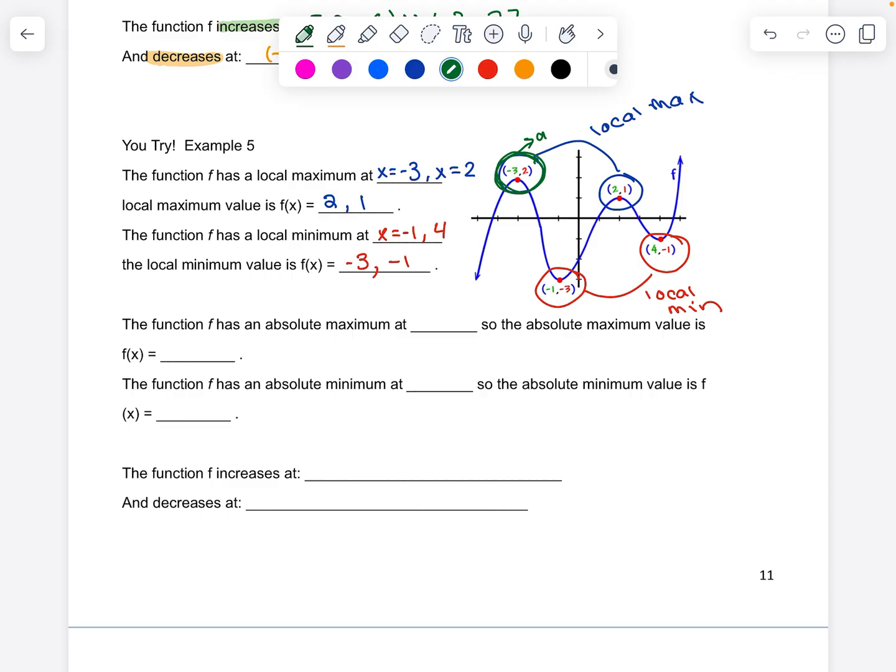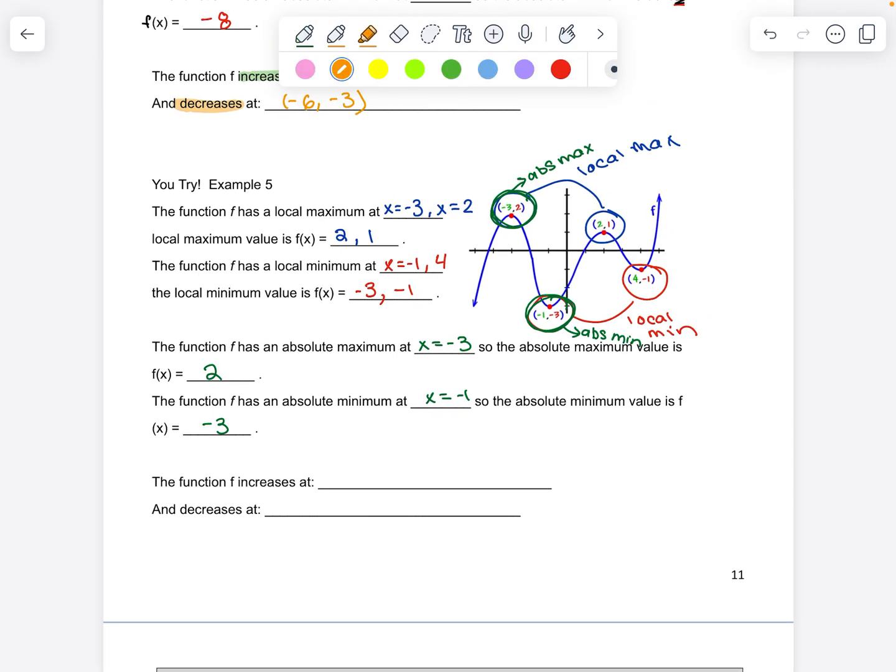This is going to be our absolute max. Our absolute max is at x equals -3 when the y value is 2. And then our absolute min, for the same reasons, is going to be here. It's when x equals -1, our y value is -3. Okay? Where is it increasing and decreasing? So let's take a look.